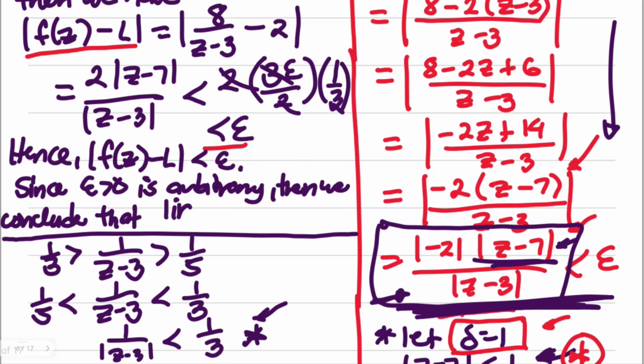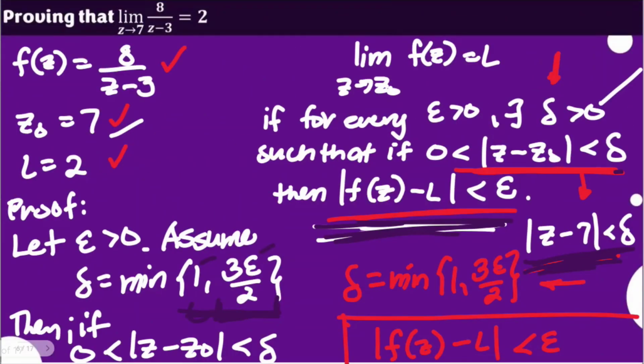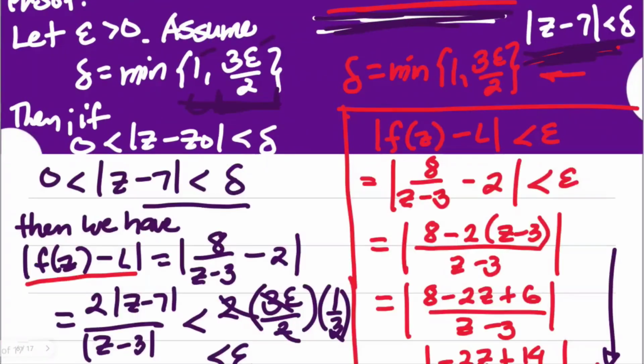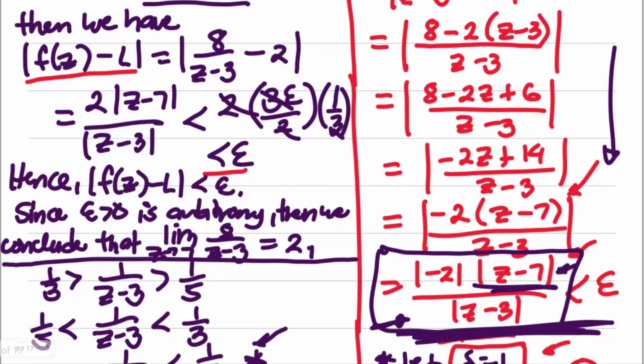What limit? The given. The limit of our complex function 8 over z minus 3 as z approaches 7 is equal to 2, right? Equal to 2. This is the proof of this item.